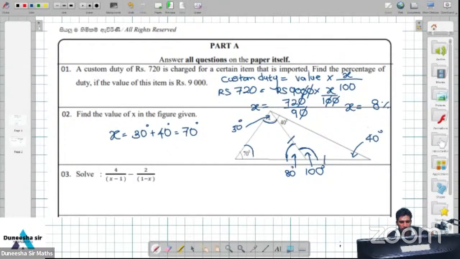Did you get the answer for the third one? That is 4x minus 1 minus 2.